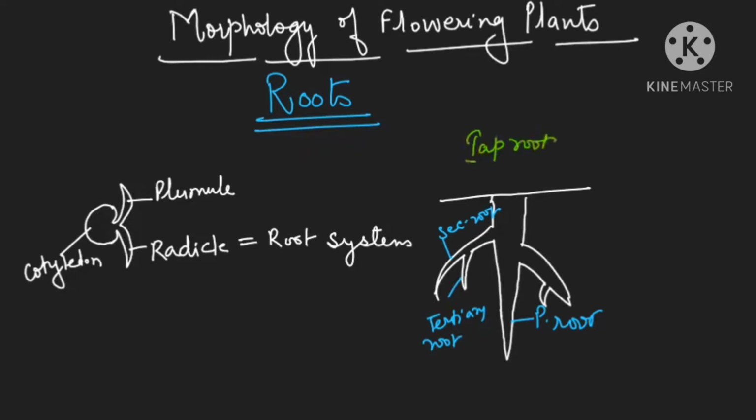The taproot system is the system in which the root coming out from the radicle is known as the primary root and it is always leading. And the system made by the primary, secondary and tertiary together is known as the taproot system, which is a feature of the dicot. So dicot plants will be showing the taproot system.